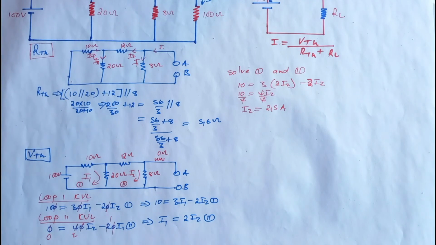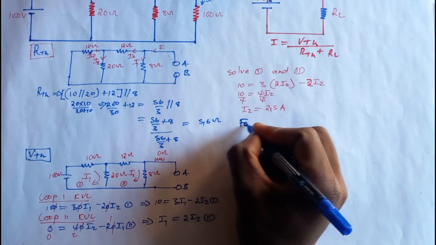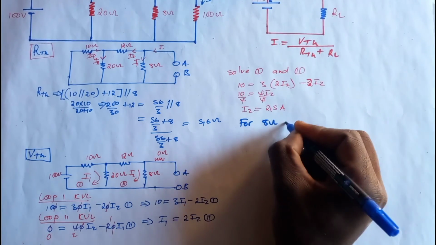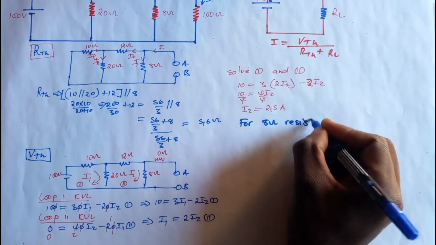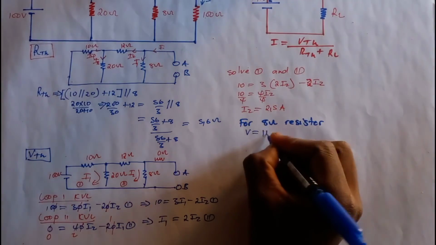Okay, you can go on and find I1, but you don't need I1 because we're concerned with the current that is passing through the 8 ohm resistor. So for the 8 ohm resistor, what do we know? We know that voltage is equal to IR.